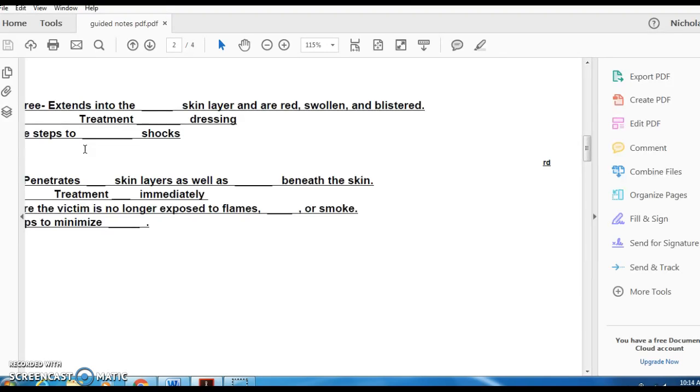With the second degree burn, as we start to get into the inner layer, it's important, as you've noticed on here, and I've said, cool with cool water. We don't want to use ice. Some tissue might be exposed here.